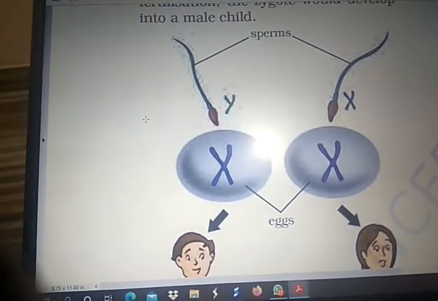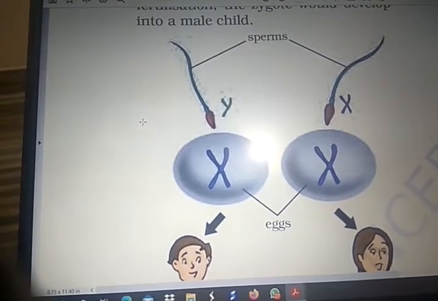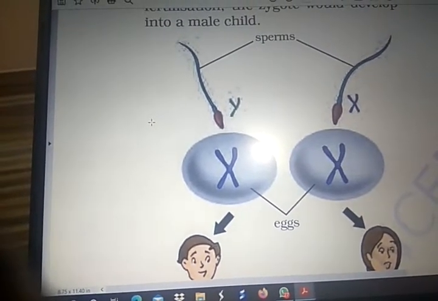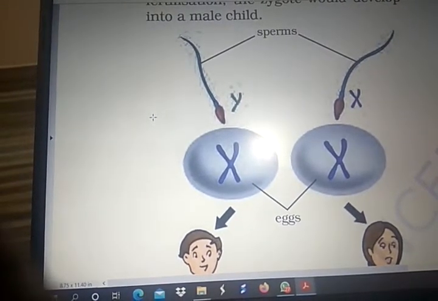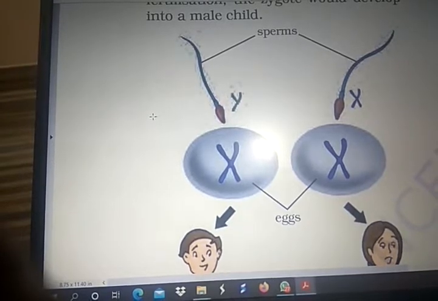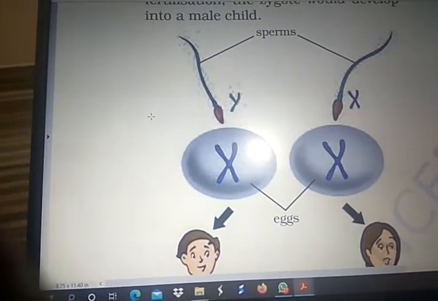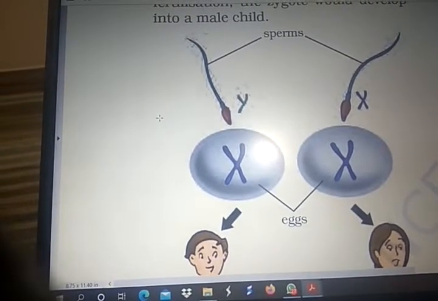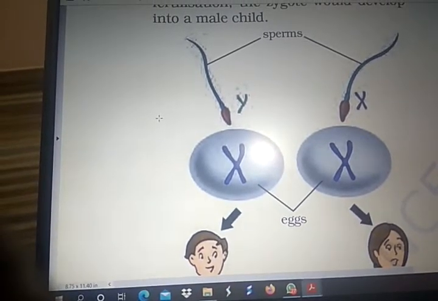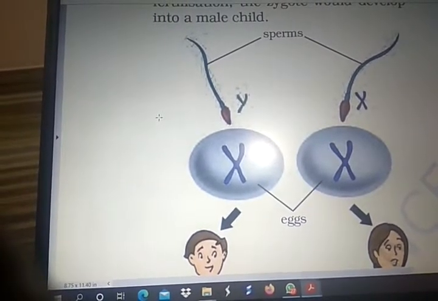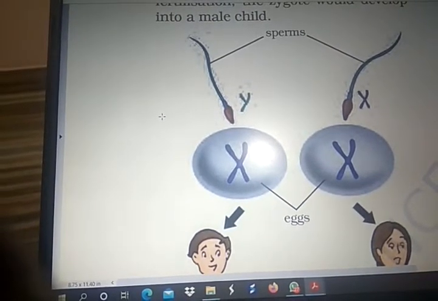Now students, look at this figure from the textbook. You see here, sperm has either X or Y chromosomes. The egg belongs to the female, and the female has XX chromosomes, right? Now when sperm X fertilizes the egg X, the determination is a girl.